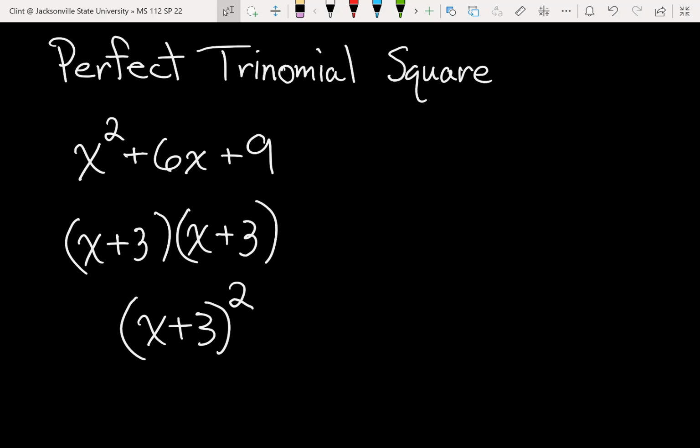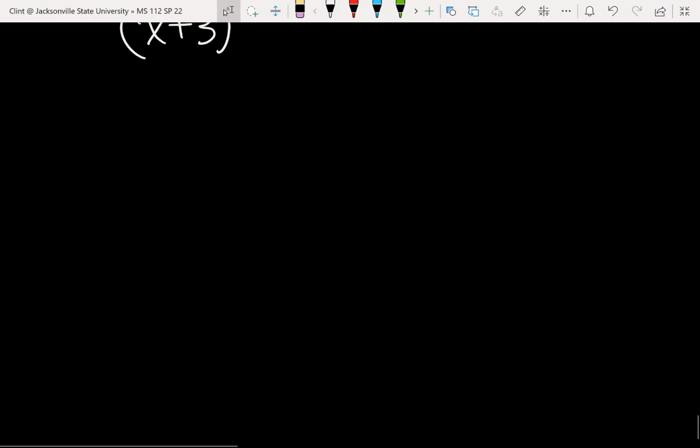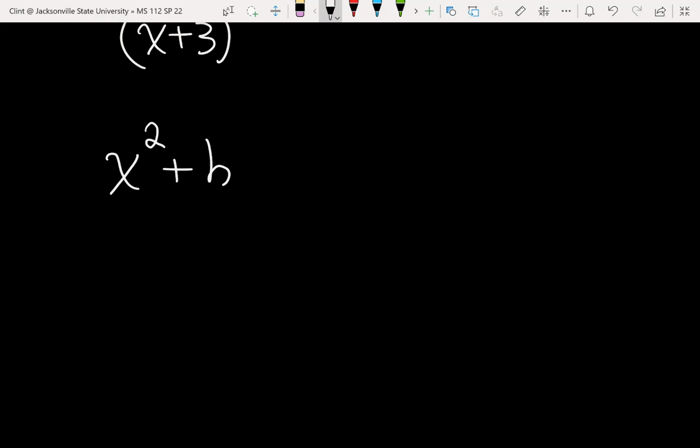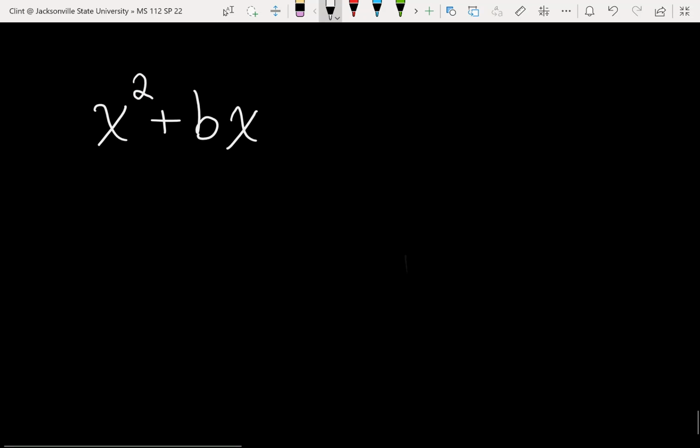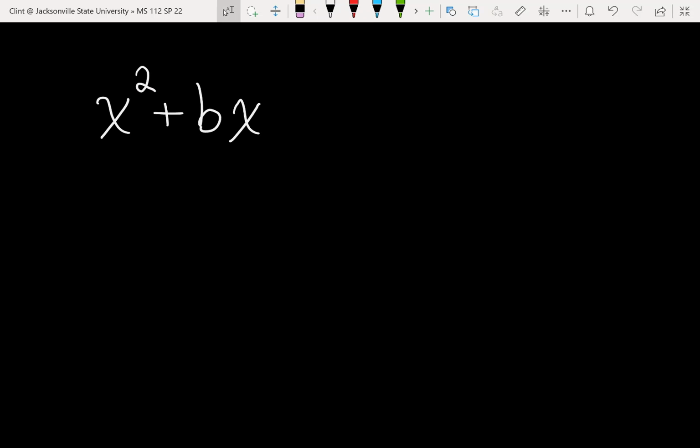So our goal is going to be to take something like this where we've got x squared plus some number with the x, and turn that into a perfect trinomial square by picking some number to add to it.